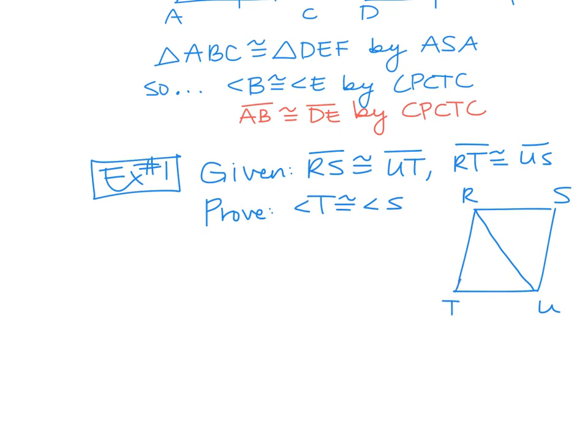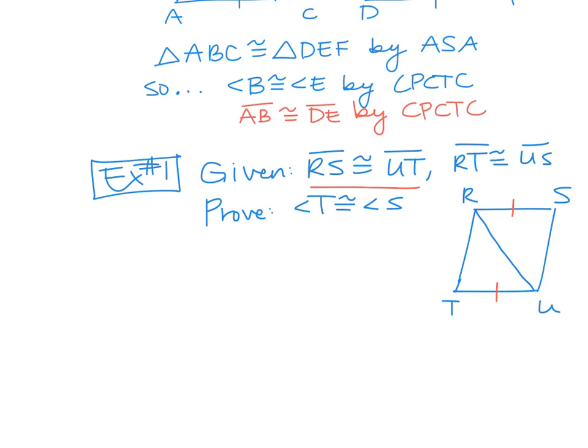So I'll give you a sec here. Our first step of a proof is always what? The given. But before you even go there, you should mark up what you know. So if we're looking at this picture and we see RS is congruent to UT, so put little hash marks on RS and UT.